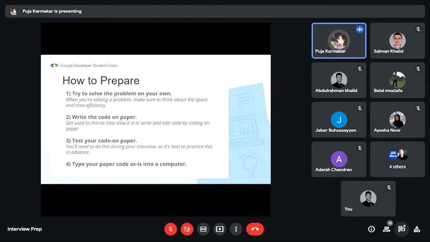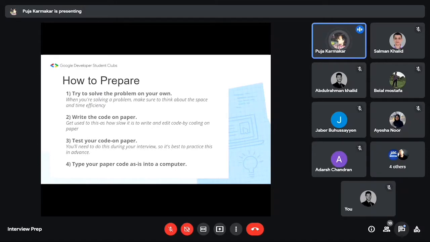Make sure that you understand why each error happened, and also list it down. Maybe take a piece of paper and list what errors you made, so that during the interview you know, okay, this was the error I made in the first place, and I will be 100% more careful not to do this in my interview.